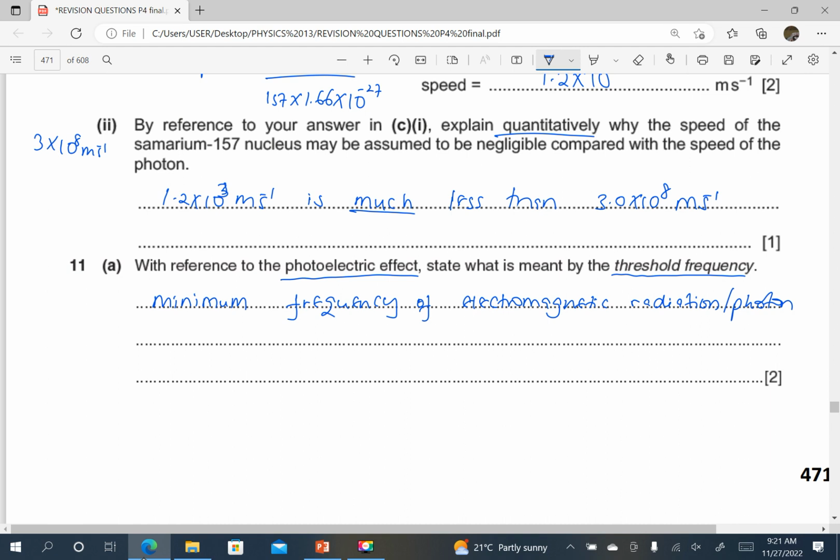The minimum frequency of electromagnetic radiation below which no emission of electrons occurs from a surface.